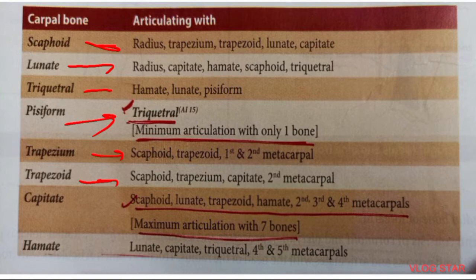This can come in your examination, and they can ask which bone has maximum articulation. Capitate has maximum articulation with 7 bones. Now hamate articulates with lunate, capitate, triquetral, and fourth and fifth metacarpals.